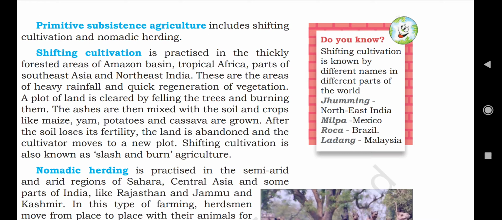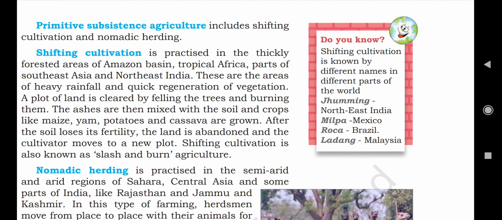And this cultivation is practiced in thickly forested areas of the Amazon basin, tropical Africa, parts of Southeast Asia and Northeast Asia. These areas offer heavy rainfall and quick regeneration of vegetation.